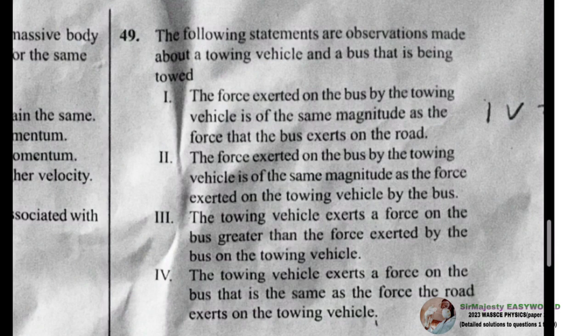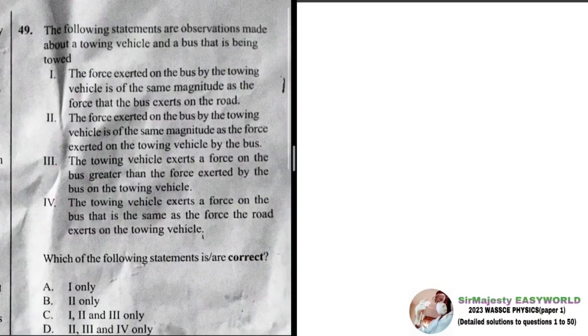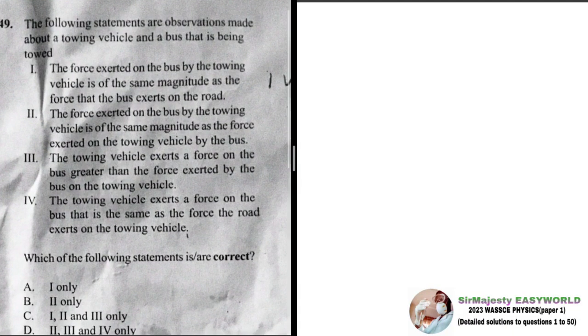According to this question, only II is correct because the force exerted on the bus by the towing vehicle is of the same magnitude as the force exerted on the towing vehicle by the bus. That's for a corresponding force to move forward. There's always a reaction. There's always an equal reaction that is ready to take it back.